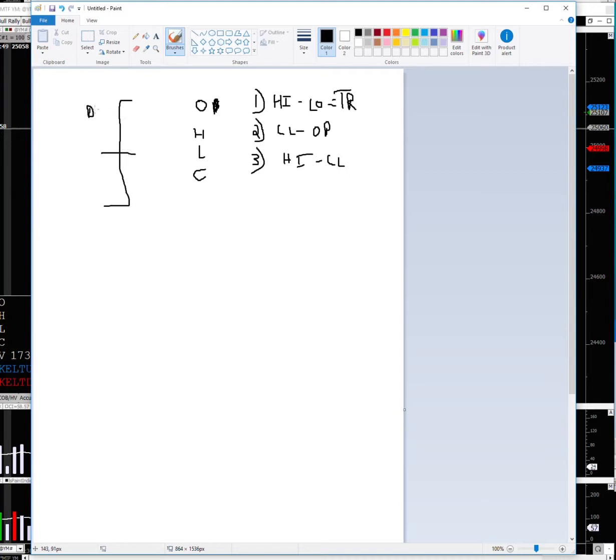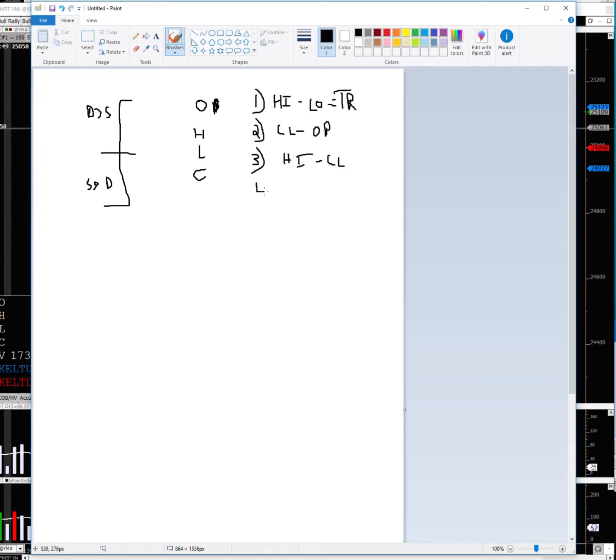If it's low end, supply is stronger than demand. So this is an old school way of comparing supply and demand relative to a bar, by taking a look at the position of the close within the range of the bar. Above halfway, demand stronger; below, supply stronger. So that's what this is about.